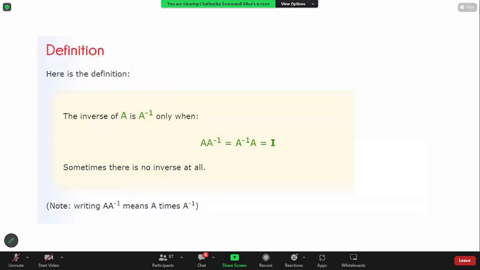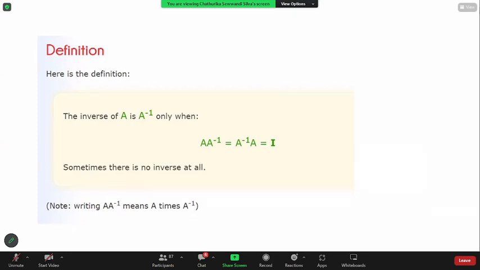So this is the definition. The inverse of A is A inverse only when A multiplied by A inverse equals A inverse multiplied by A equals I. For any given matrix, the inverse will exist only if this property holds true, right?